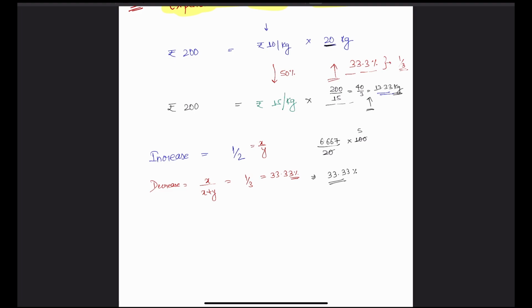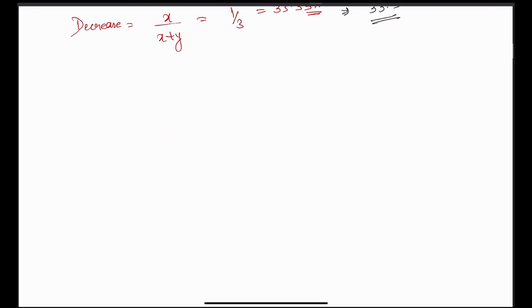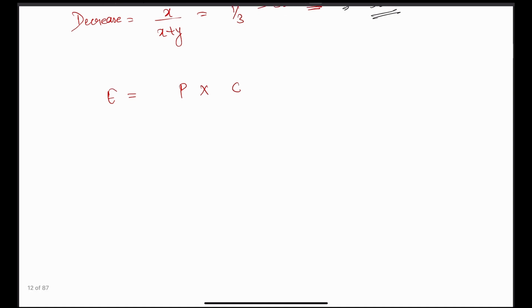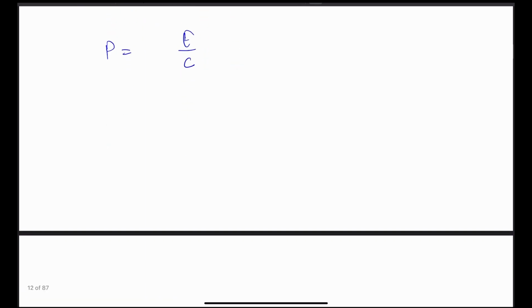So whenever there is a term like expenses, E equal to price into consumption, I can say this expense is kind of constant. If E is constant, then I can say that price is equal to E upon C. And if E is constant, can I just say price is inversely proportional to consumption? So if price will increase, consumption will decrease.